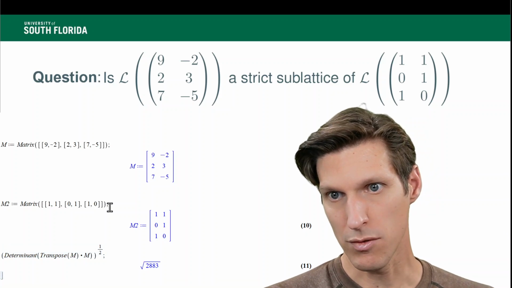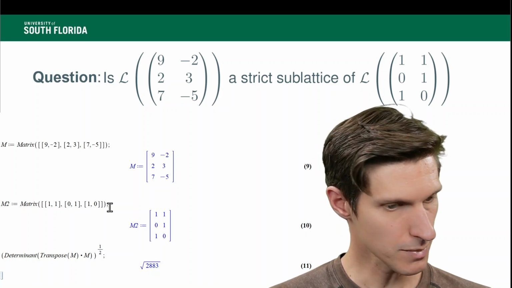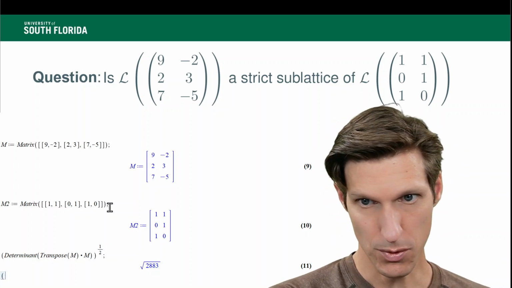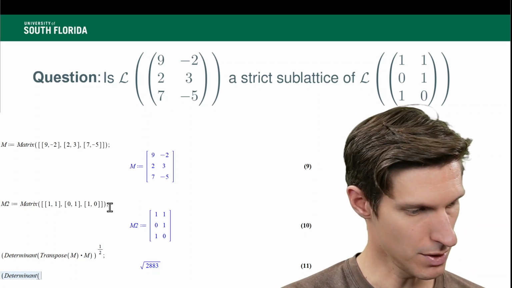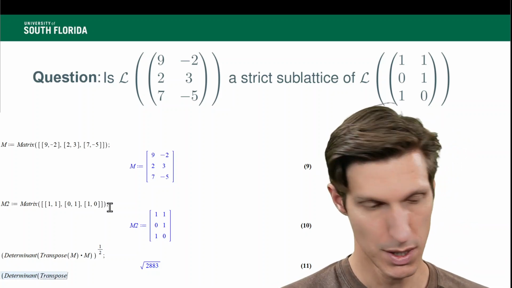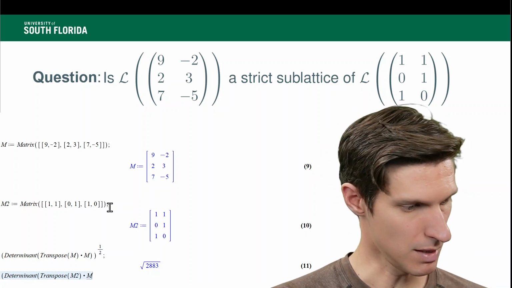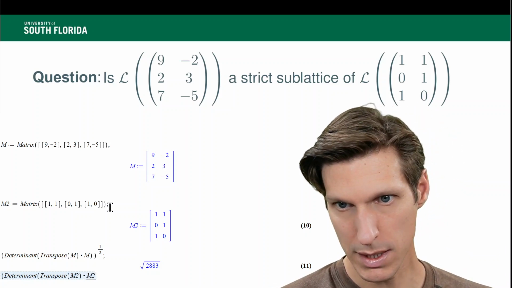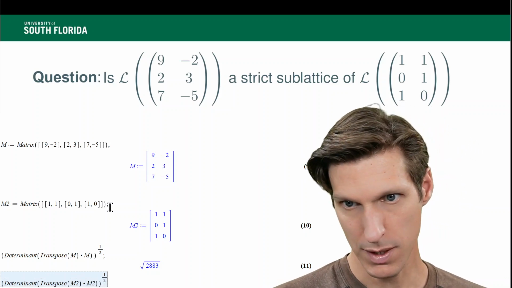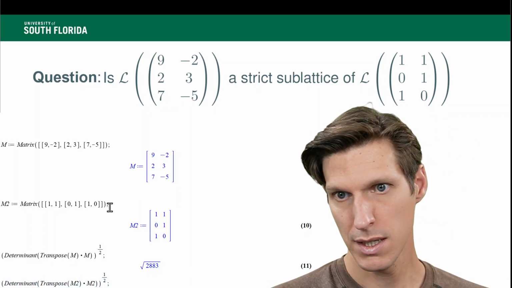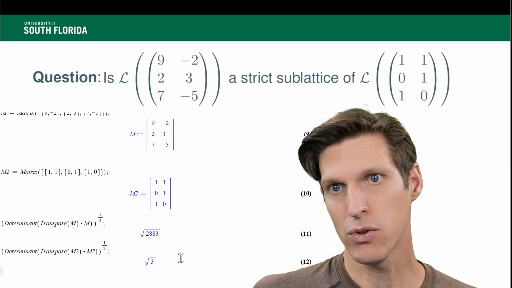So square root of 2883, okay? And now if I do the determinant of transpose of M2 times M2, and then I raise that to the power 1/2, then what do I get? Apologies. I get square root 3.